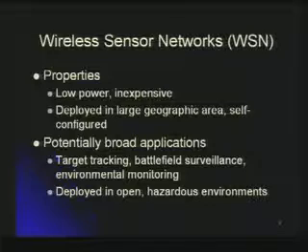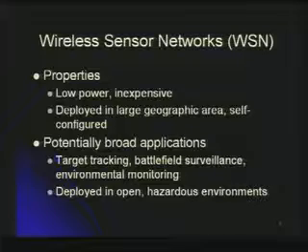Recently there's a huge interest in wireless sensor networks. In wireless sensor networks, we deploy low-power, inexpensive sensors in large geographic areas. The property of a wireless sensor network is that after deployment, those sensors are going to self-configure themselves into a network.